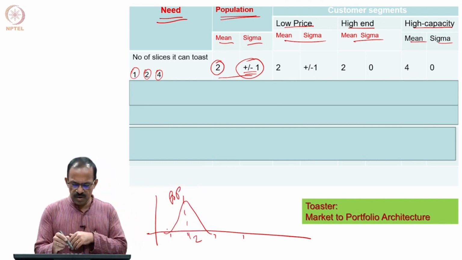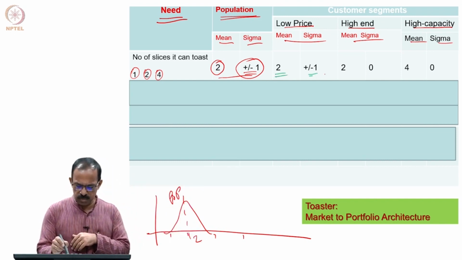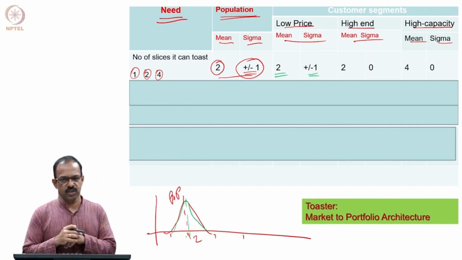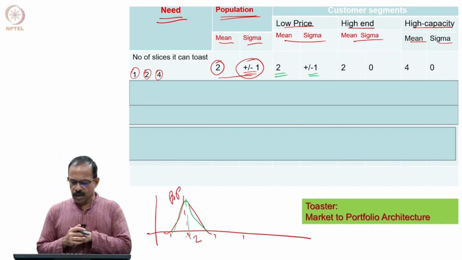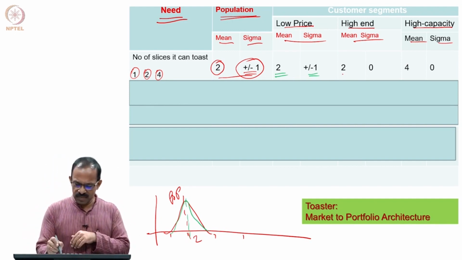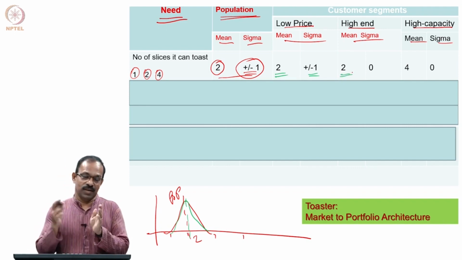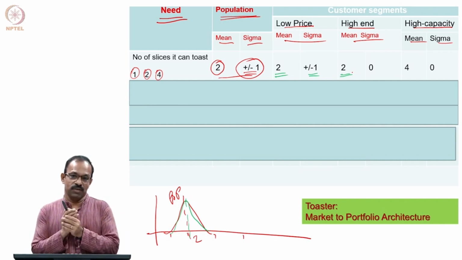Now, you take the low price segment. The low price segment also says the same, 2 plus or minus 1. The high end segment is the housewife and the family people.